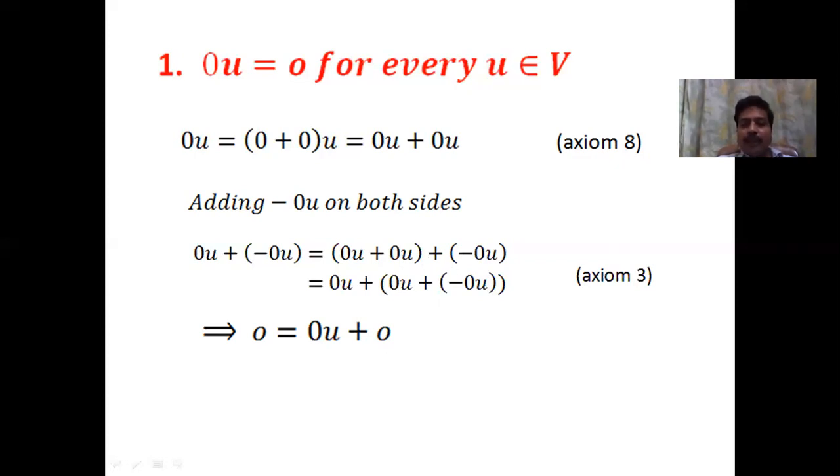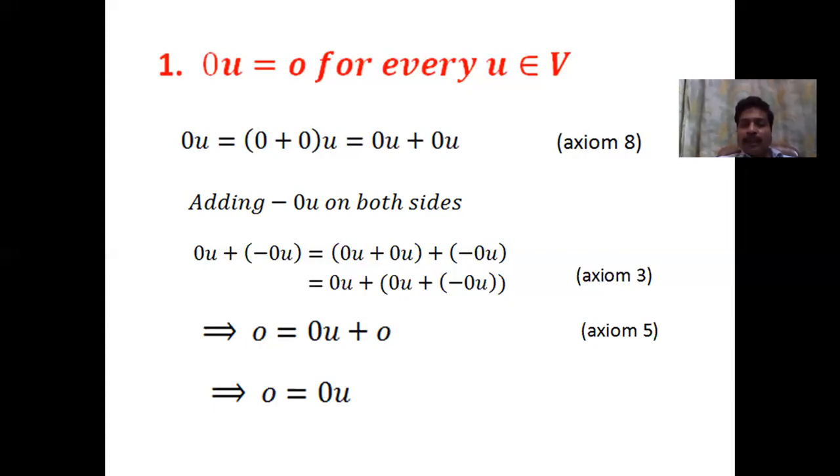If some vector is added to the 0 vector, you will get the same vector. So you will get 0u on the right hand side. So finally, O is equal to 0u. This is what we require. Hereafter, we can use this. Some vector is multiplied with the 0 of the field.